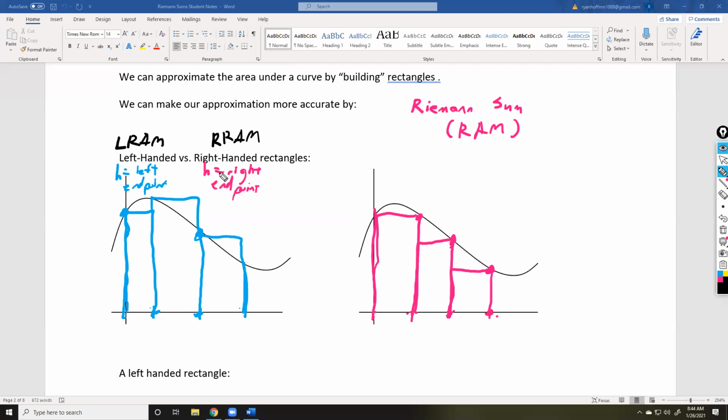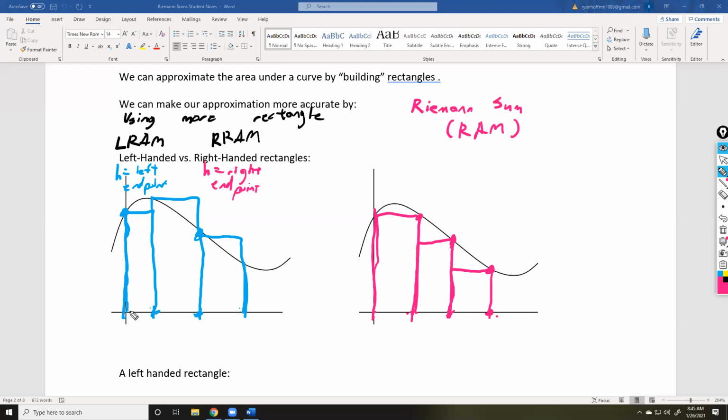And the hypothetical idea here is we can make our approximation more accurate by using more rectangles. Just like with our slope for the derivative, we hypothetically chose a point that was really close to the point I wanted to find the slope at, and the closer and closer I got, the more and more accurate that our measurement got.